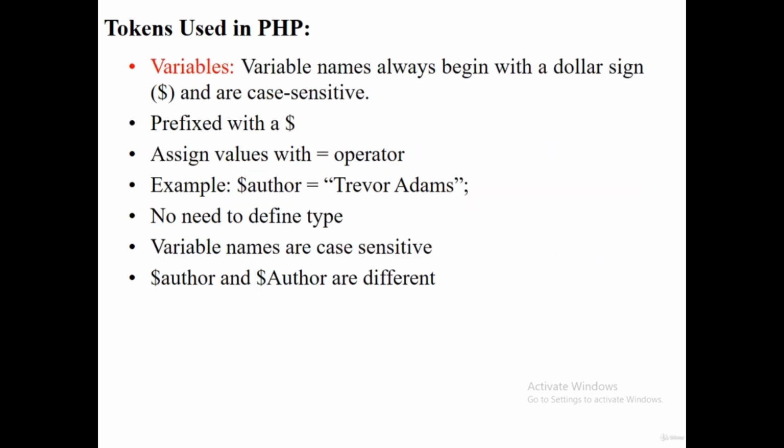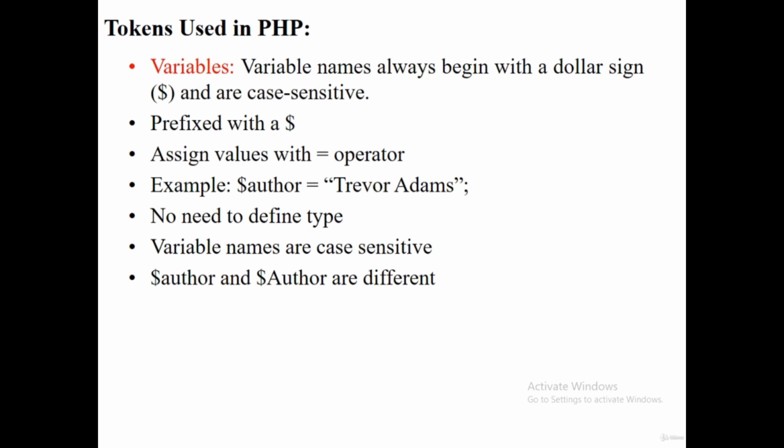The next token is variable. In that, we have to declare the variable. If you want to declare one, we begin with the dollar sign, which is a case sensitive prefix, and assign the value with the equal to operator. An example is $author equal to Trevor Adams, one example of declaring a variable. No need to define the type. Variable names are case sensitive.